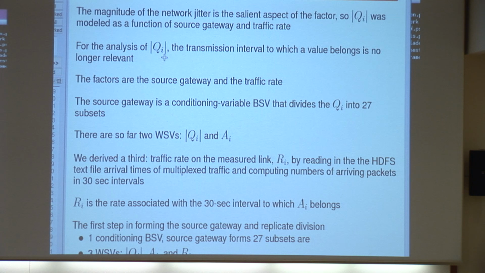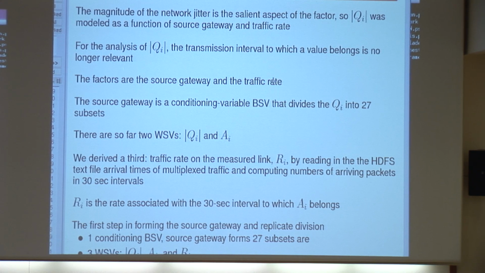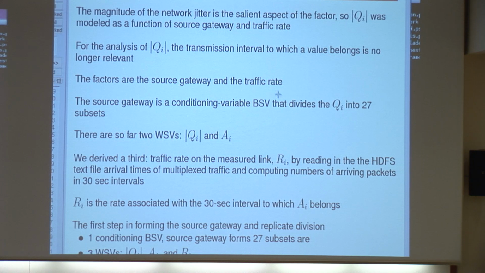Now it doesn't matter when it occurred in its transmission interval, except with respect to the other values. What matters now is what the traffic rate is on the link and what the source gateway is. So the factors are source gateway and traffic rate, and we've lost the transmission intervals.